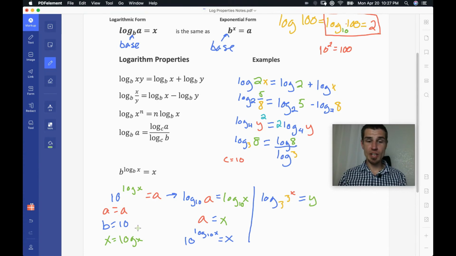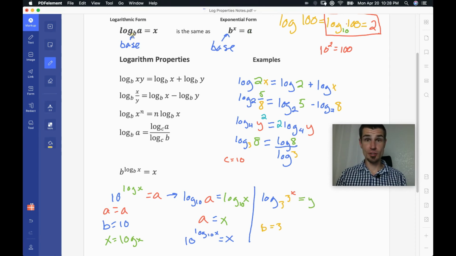So in the same way we determined what this exponential form would be in logarithmic form, we can change this from logarithmic form to exponential form. All we need to do is identify b, a, and x, and then substitute those values into this form. What's our b? Our b is 3. What's our a? A is what's inside the logarithm.